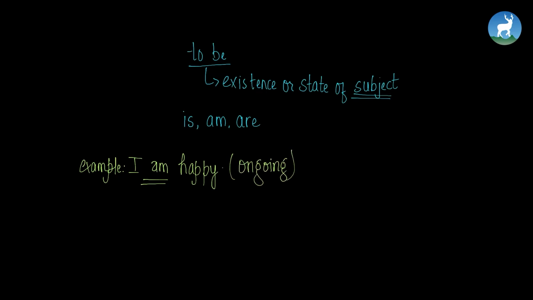Now let's take one more example. She is a doctor. So here in this sentence, I took the help of is to describe a permanent condition. What is the permanent condition here? That she is a doctor, right? Now, we'll together explore the structure, uses, and some more examples of simple present tense, or present simple tense, whatever you call it, for the state of being, or be.